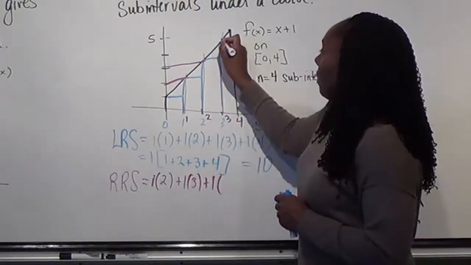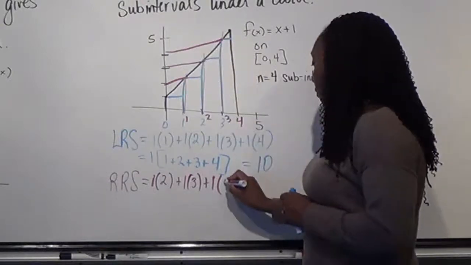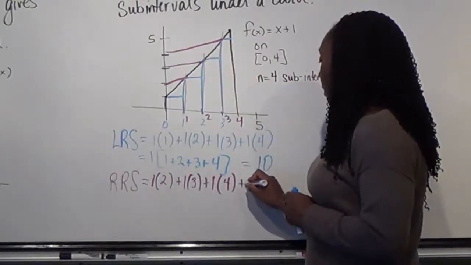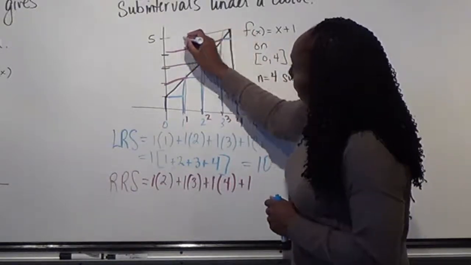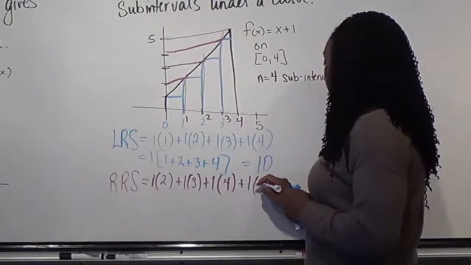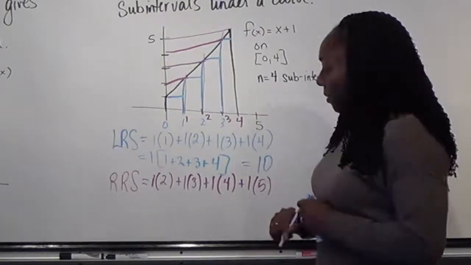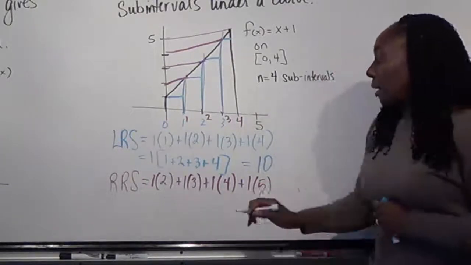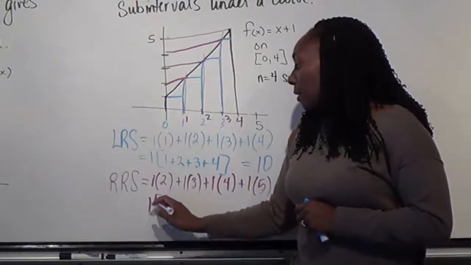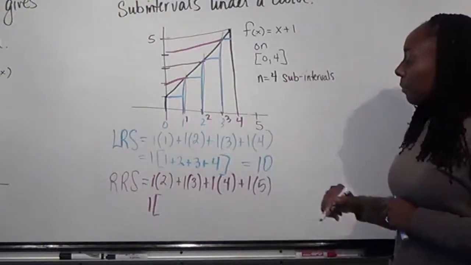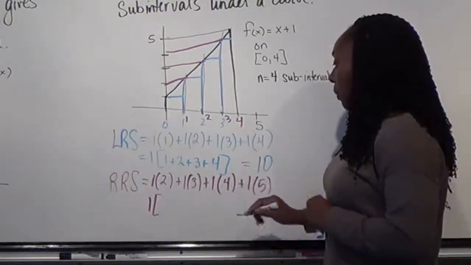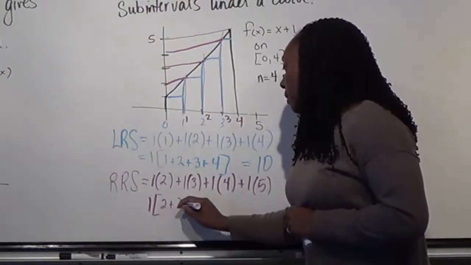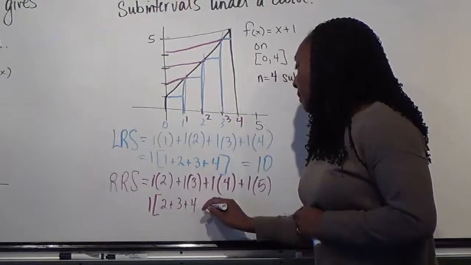At the next one, I have a height of 4. And at my last one, which is the value at 4, I have a height of 5. Same thing, I can factor out that length, which is the same for all of them, and then add up the heights.